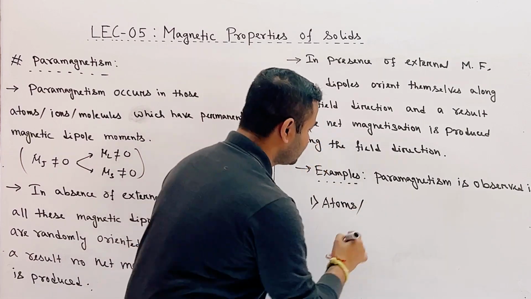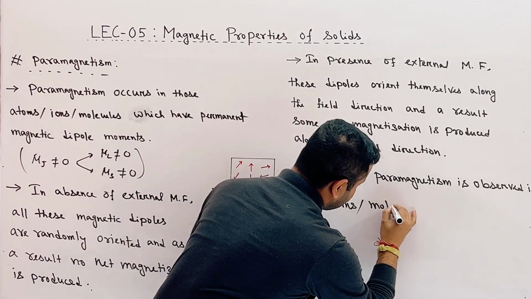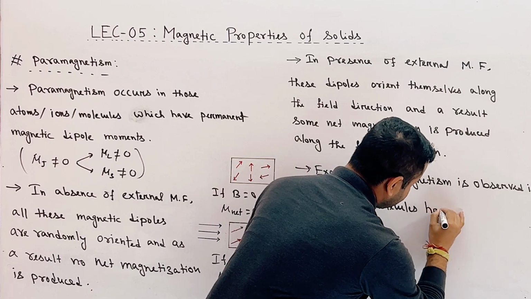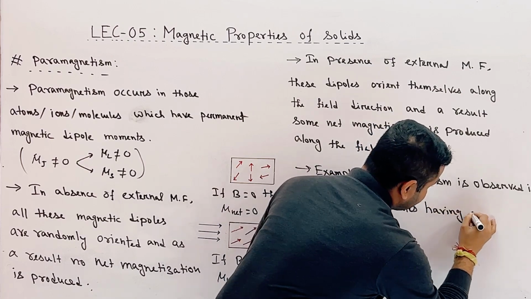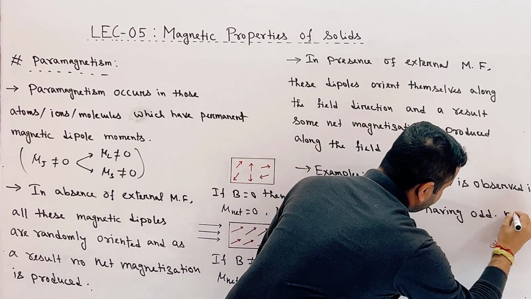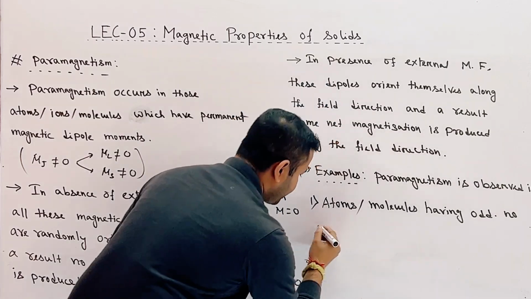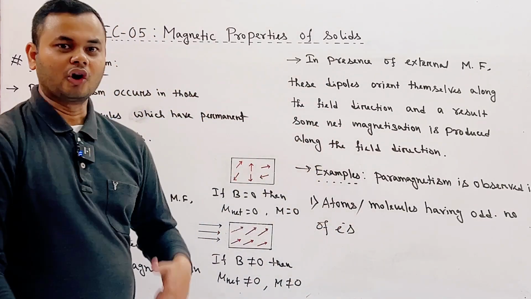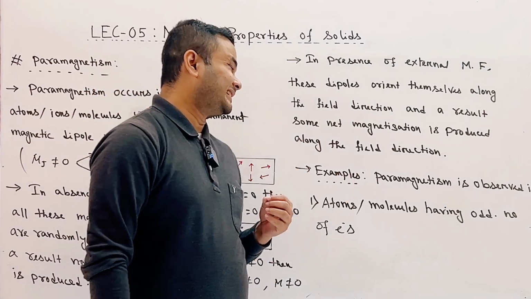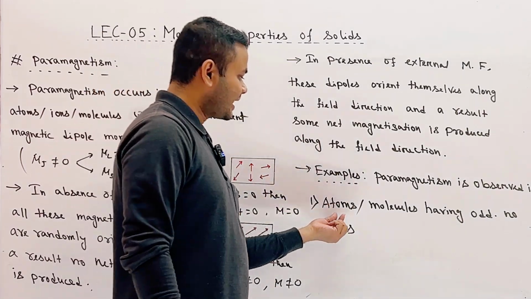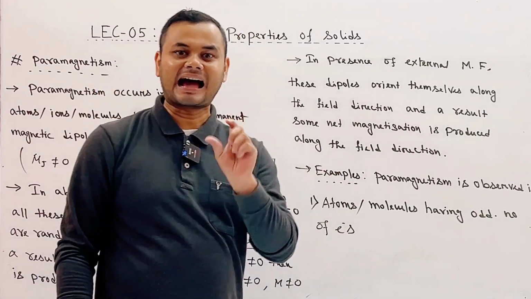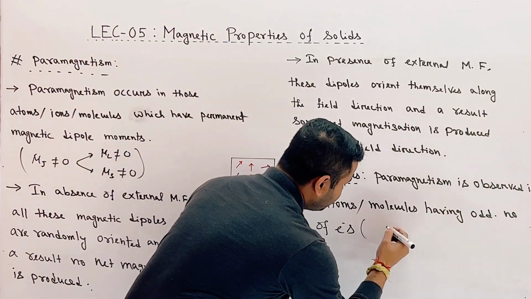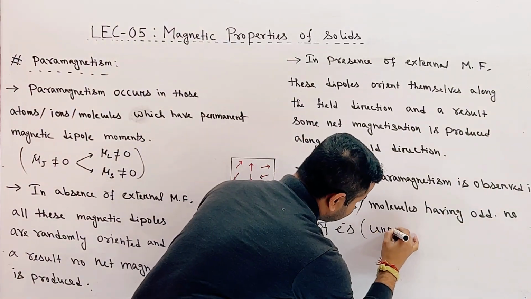Atoms or molecules having odd number of electrons, or in other words, paramagnetism is observed in those atoms or molecules having unpaired electrons.